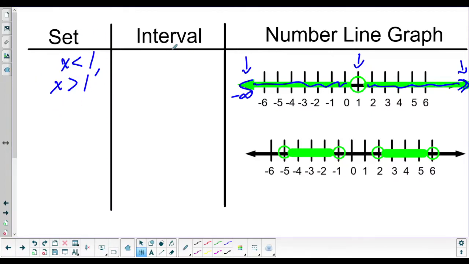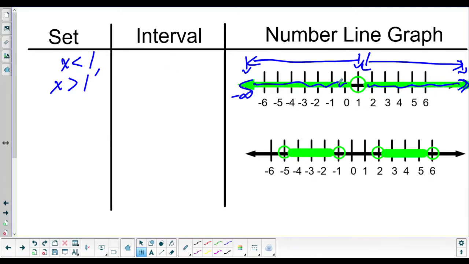For interval notation, anytime you have multiple chunks, we have a chunk from negative infinity all the way to 1. That's one chunk. Then we have a second chunk from 1 to infinity. Anytime you have separate chunks with a gap, even if that gap is only one spot, we have to make separate intervals.